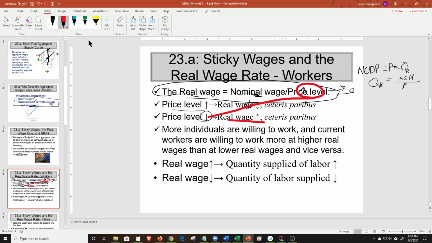And basically, now we're talking about supply. More individuals are willing to work, and current workers are willing to work more at higher real wages than at lower real wages, and vice versa. So, that's one thing I just don't understand here, is they're sort of talking about the supply of labor.